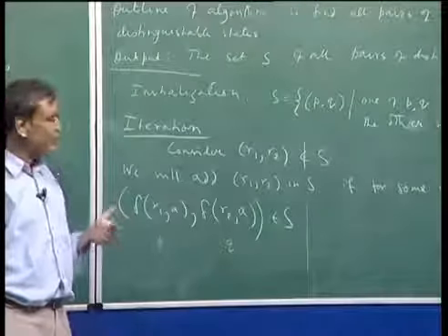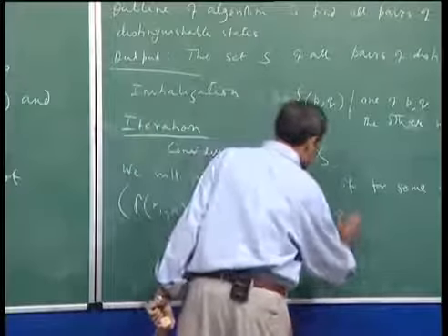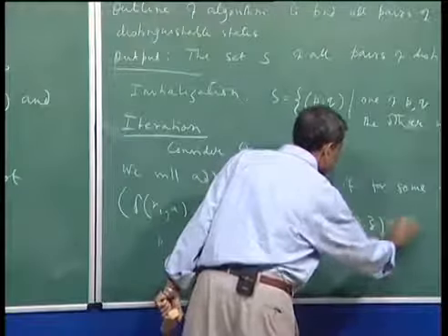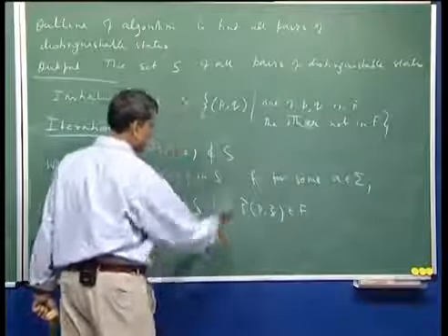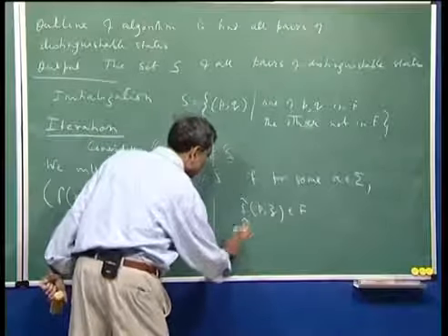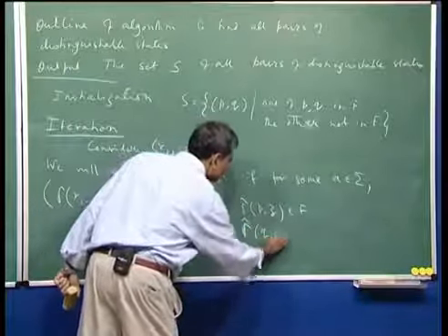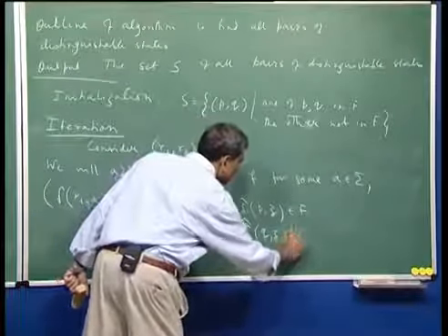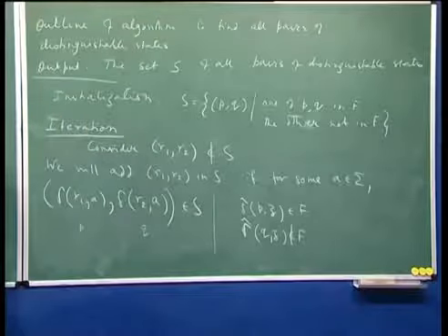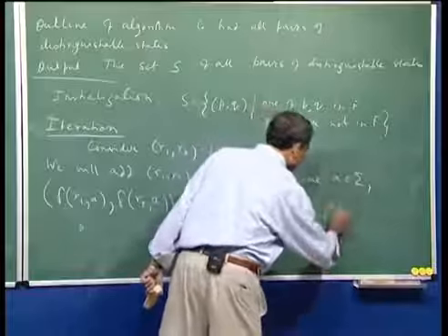So, there is a string Z such that delta hat of (P, Z), let us say, is one of the final states, and delta hat of (Q, Z) is not. And now consider the string AZ.